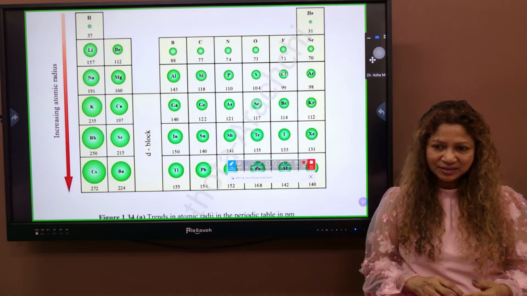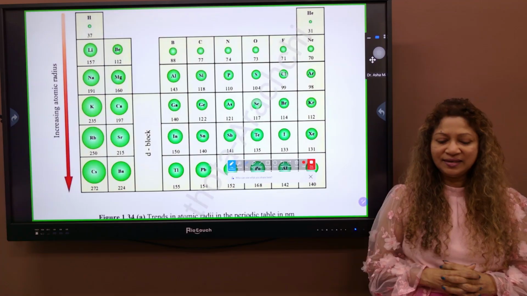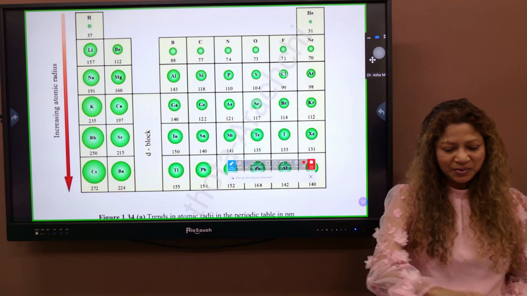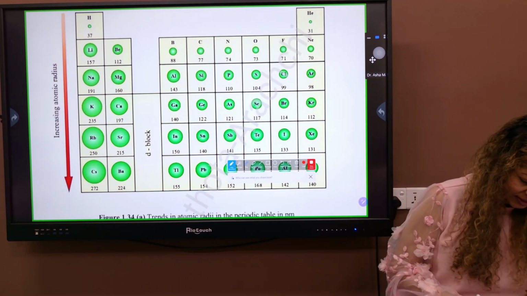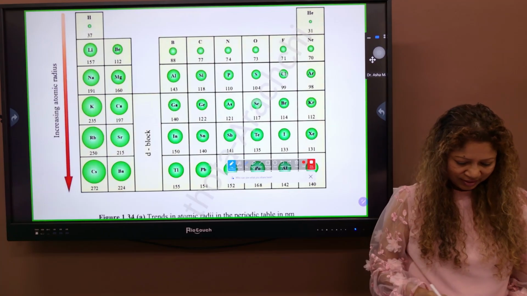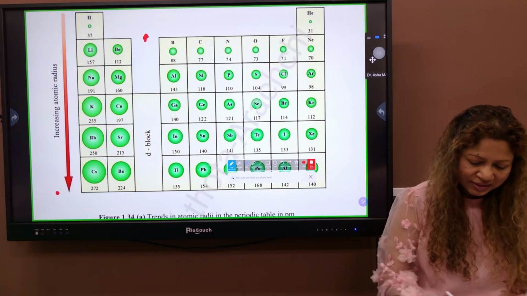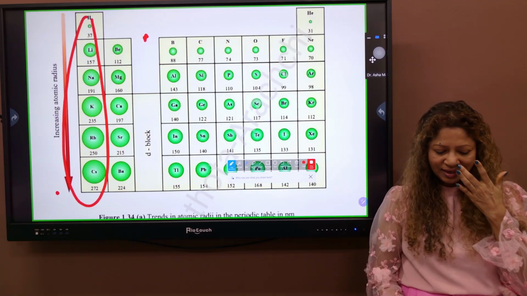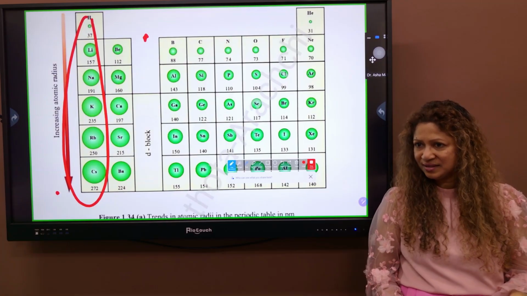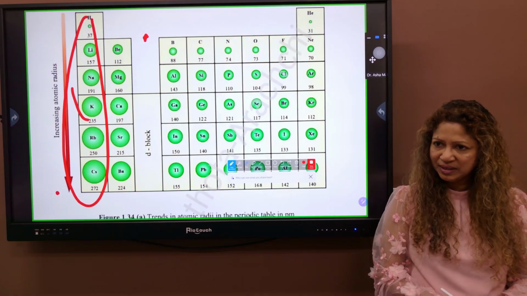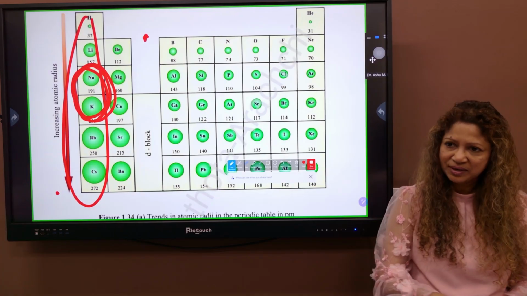And when you are writing, is anybody here doing biology? Yeah. Then the secret of reaching 100 marks for biology is, let's say you have 7 points to write. They are asking only about sodium and potassium, but still you write all 7 points.